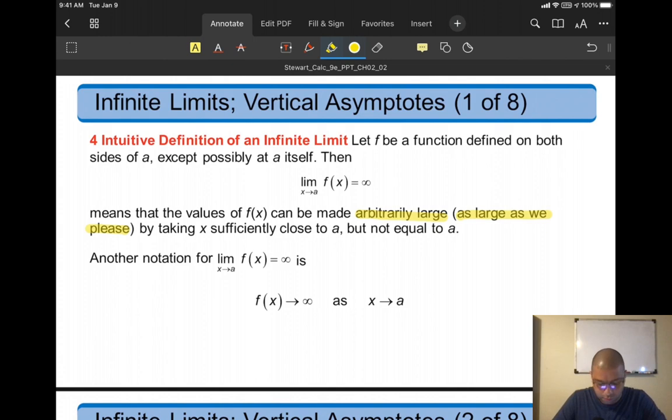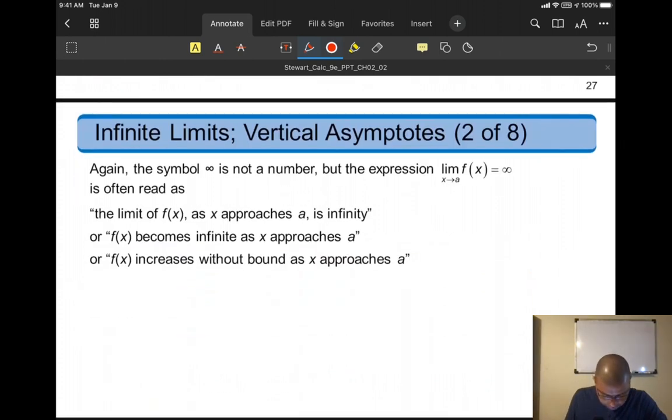Okay, always remember x is not equal to a, just getting closer to a. So this infinity symbol is not a number. It's just a symbol that means f of x is getting large. This is not a number. A lot of the time we're going to do some makeshift math with it, but we're not supposed to.